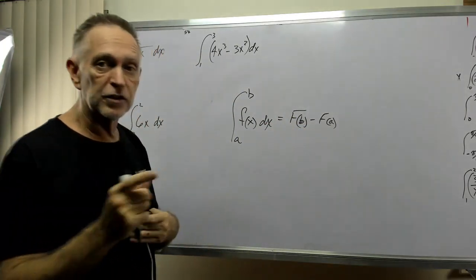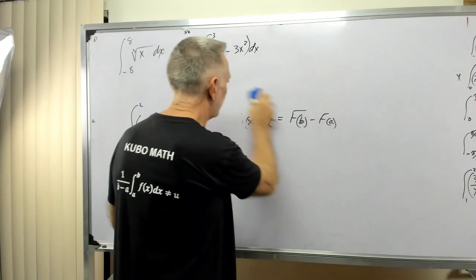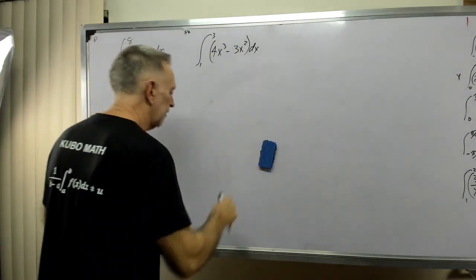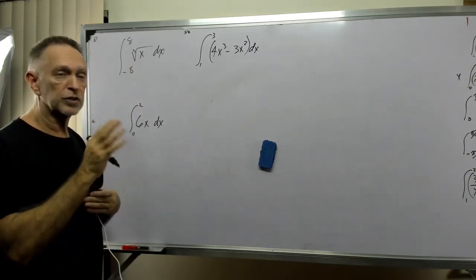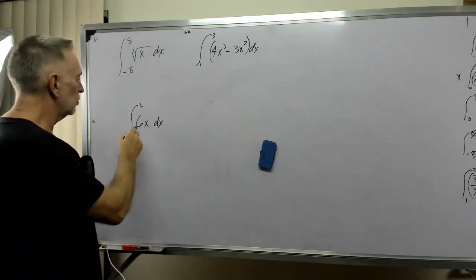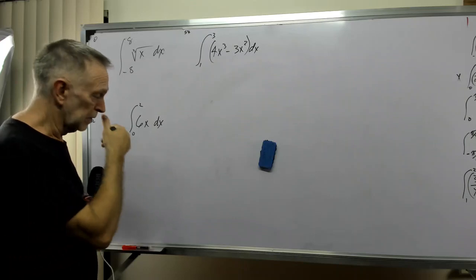Now, we've seen this before in one of our other classes, but how does that work for us? We haven't performed that many definite integrals, so let's just work a simple one first to see how this works out. We have the integral from 0 to 2 of 6x dx.